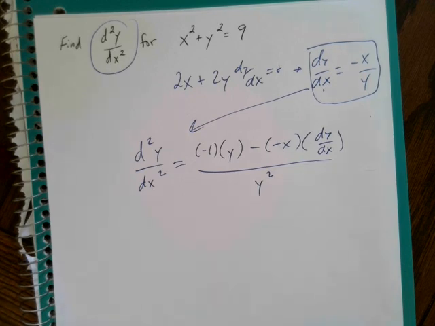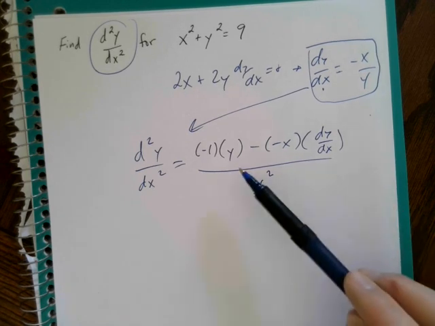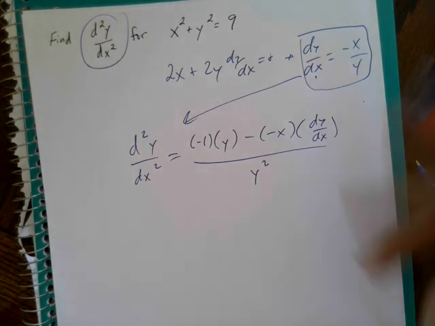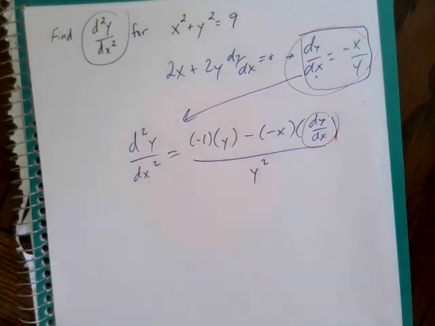This is the answer, but it's in terms of 3 variables. We have x, we have y, and we have dy/dx. You always want to give your answer in as few variables as you can.